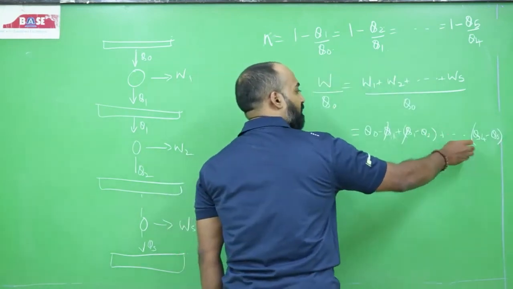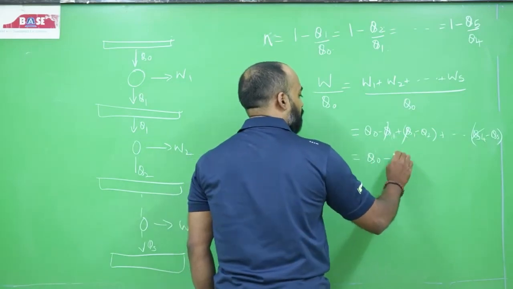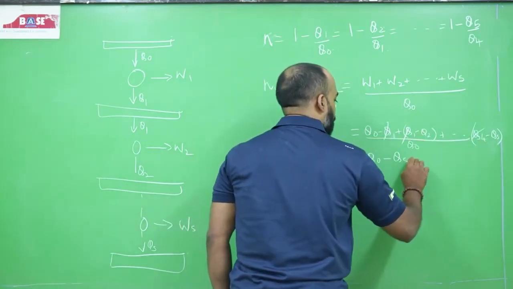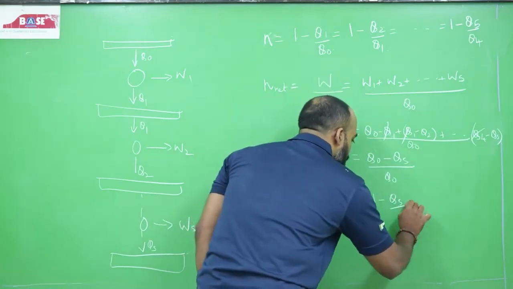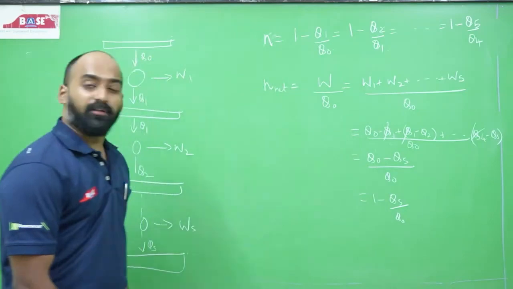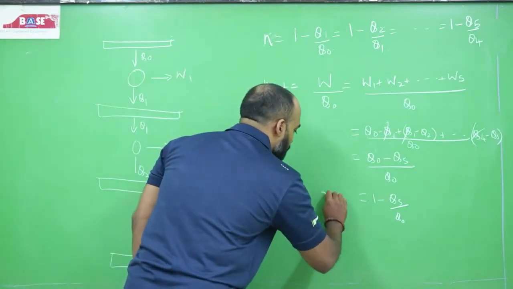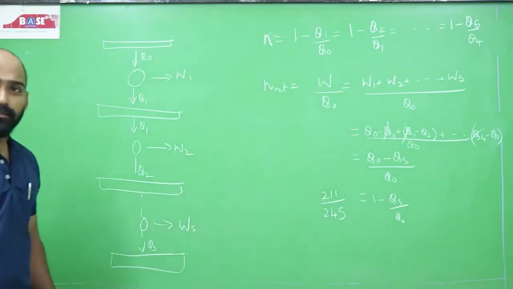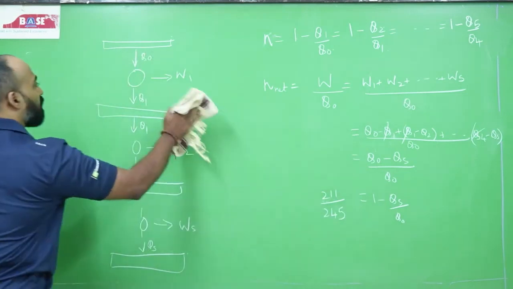All the cross terms cancel, the first and the last term is what you have left. And this is given as 211 by 243.